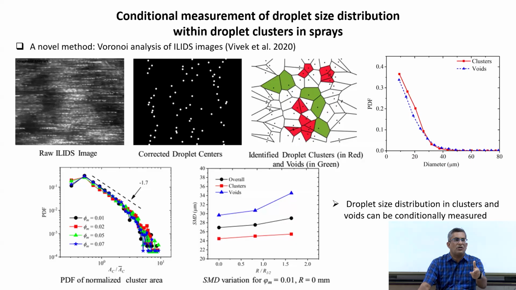So, this is a conditional measurement. Conditional on clusters or voids, you can measure the size of the droplets, and what we see is that here we have larger droplets in the void and smaller droplets in the cluster. So, this means that not only is clustering due to preferential accumulation, but there is preferential segregation of droplet size also.